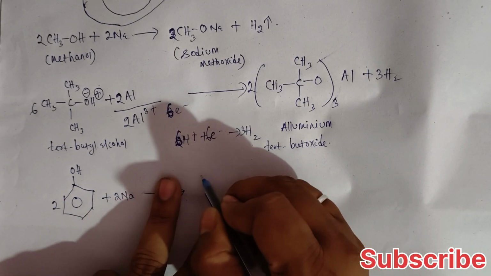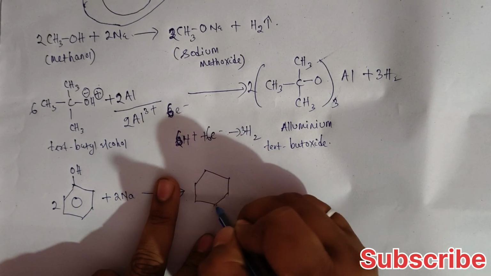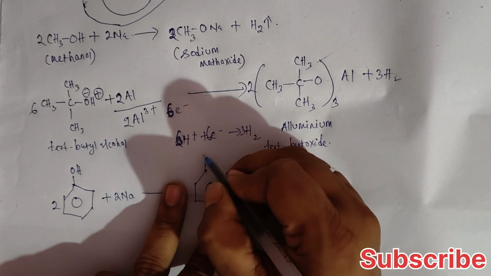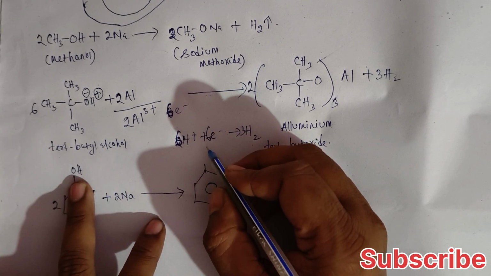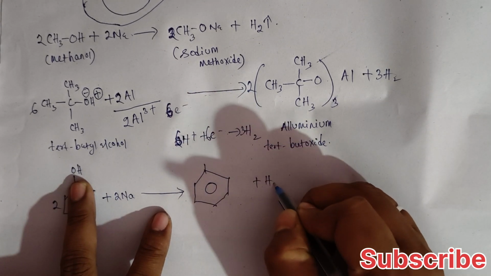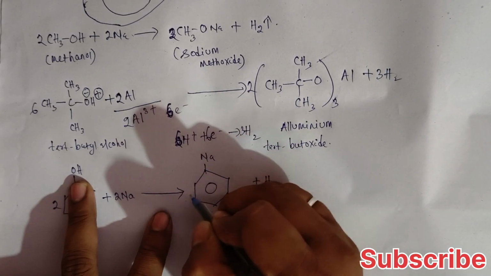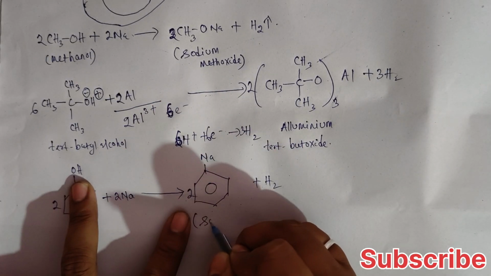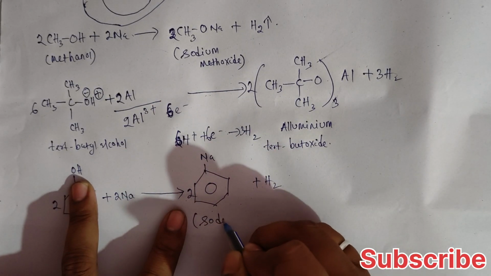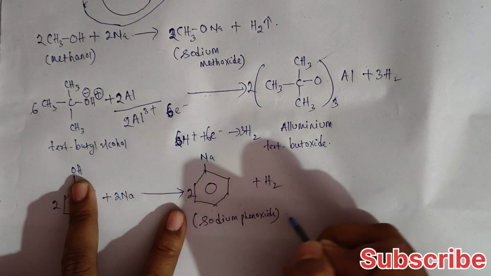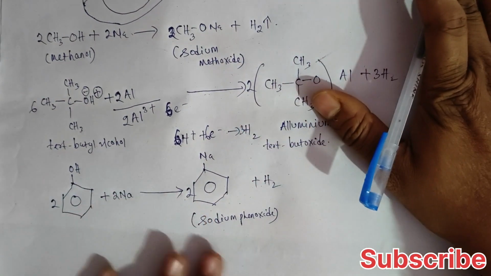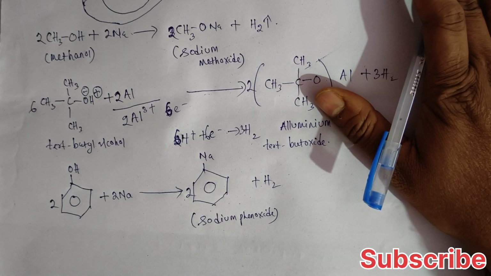The same reaction will be formed, the same products will be formed. This phenol will release 2 hydrogen atoms, that means an H2 molecule will be released, and here sodium. So this is our sodium phenoxide. So I hope it is clear to all of you.